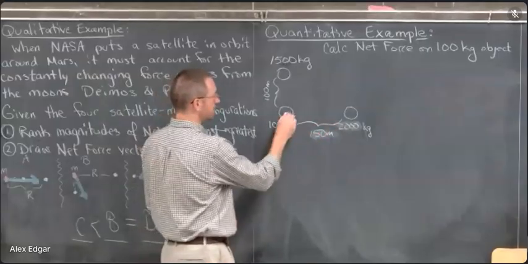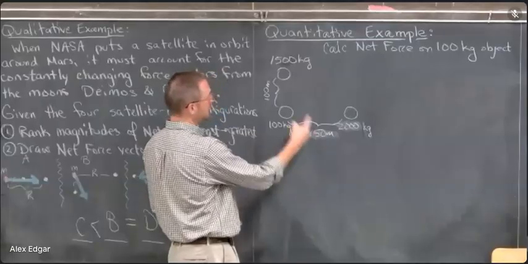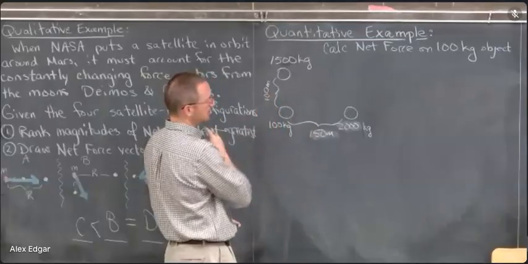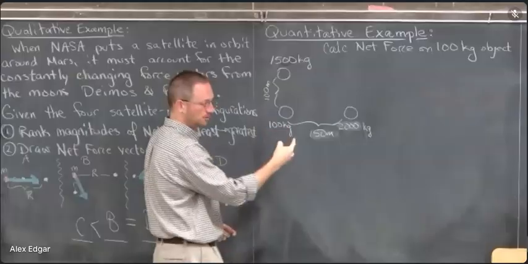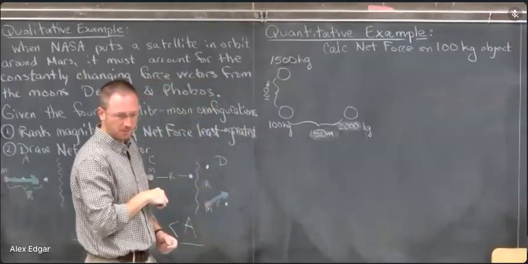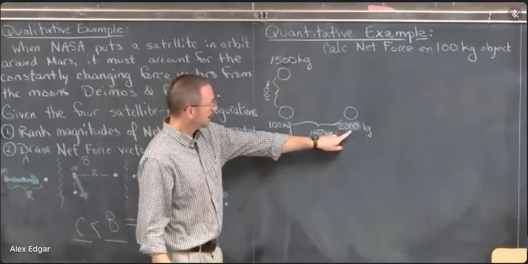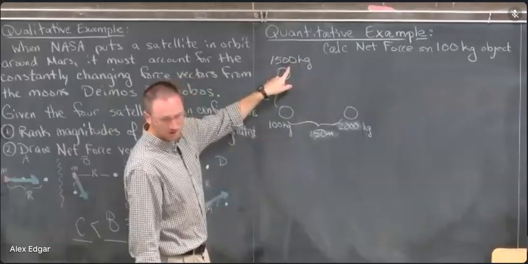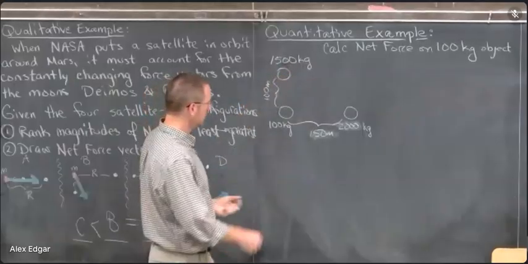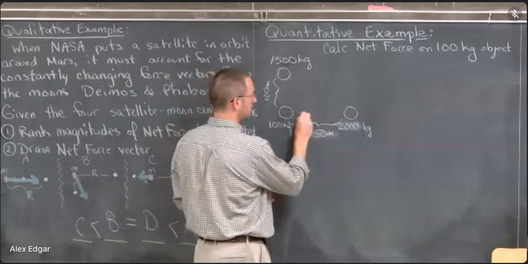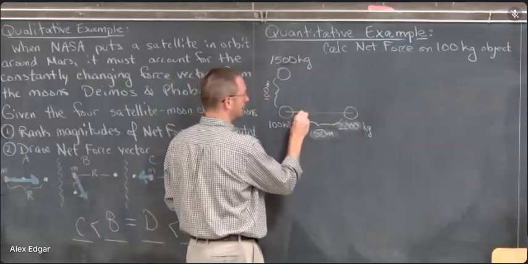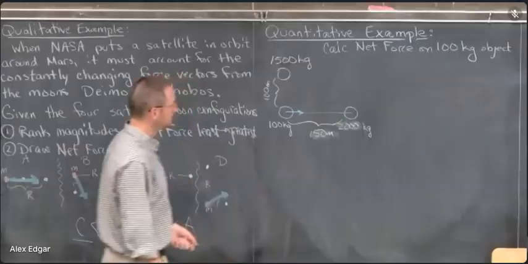This force in the x direction, 150 meters is bigger than 100 meters, so that will decrease the force compared to the upward force. But this mass is bigger than the upward mass, so that will slightly increase the force. The overall force from this guy, falling on the line that connects him, will point to the right.